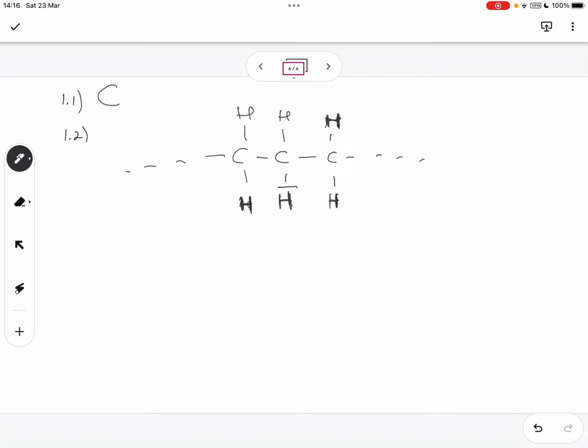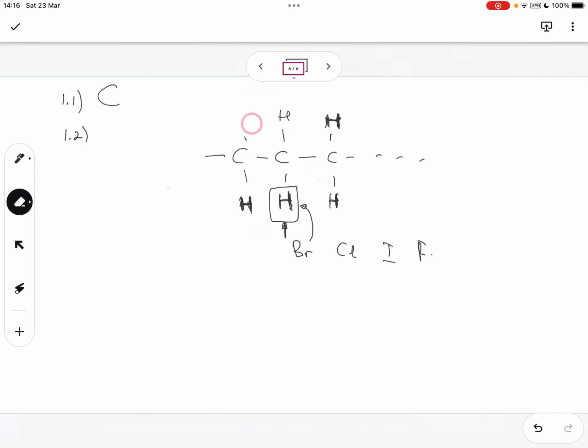And then substitution, let's say you want to change this H to another chemical, maybe bromine or chlorine or iodine or fluorine. Then you can substitute using the chemical reaction of substitution, so that instead of an H there you have a Br or a Cl or an I or an F. That's called substitution.